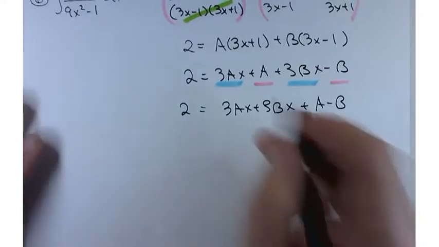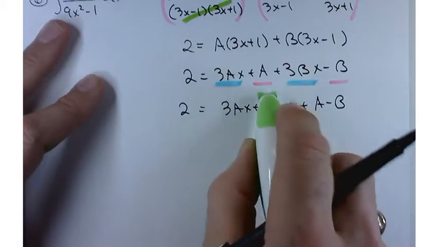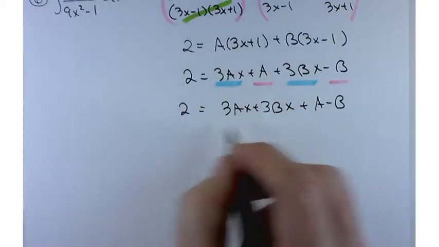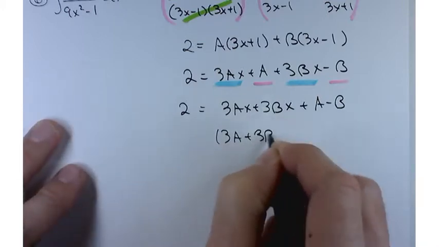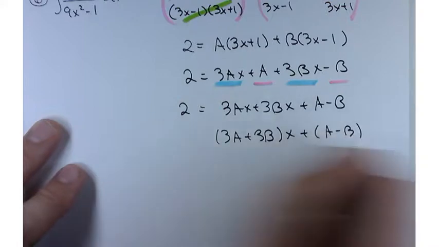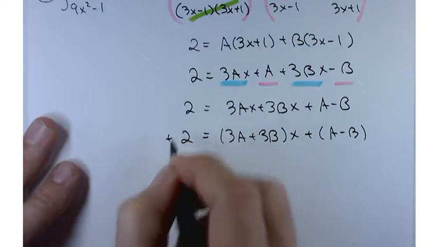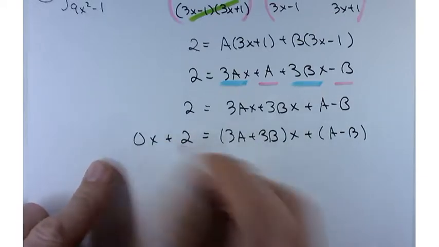Now one last thing I'll take care of, and that is I'm going to factor out the x, the common factor here. So that's going to be 3A plus 3B times x plus A minus B. Now, does it hurt things if I put 2 plus 0x?